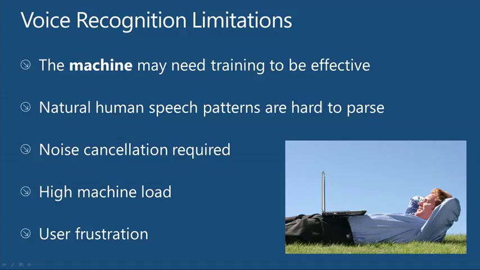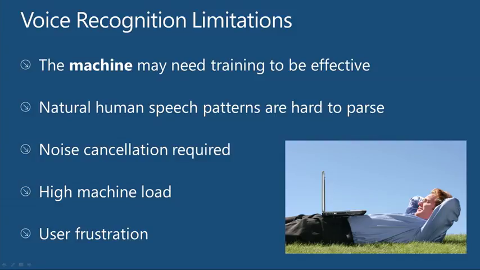But if you're trying to talk to it in a natural human way, you're going to find it needs some training and some knowledge about your specific speech patterns, because they're hard for a computer to parse. We do it all the time. We've got a reasonably large computer in our heads that does it for us. We've been doing it all of our lives. The computer hasn't. It doesn't know how to do these things, and we can only do so much from the software side before it starts having to do stuff with you.